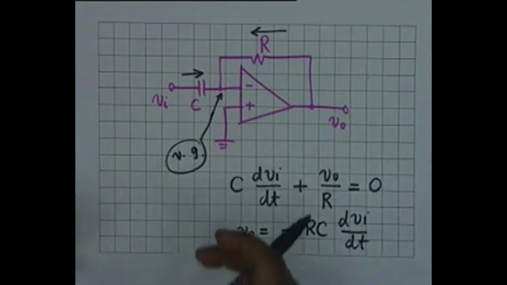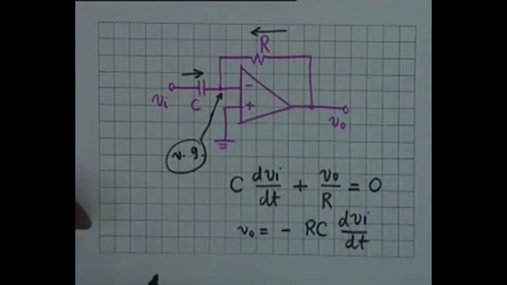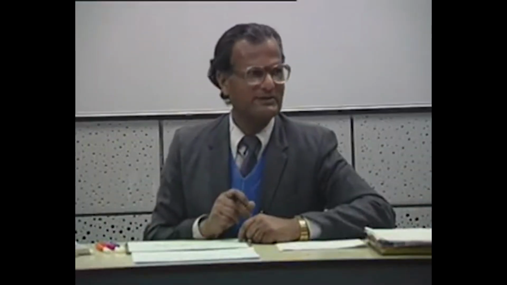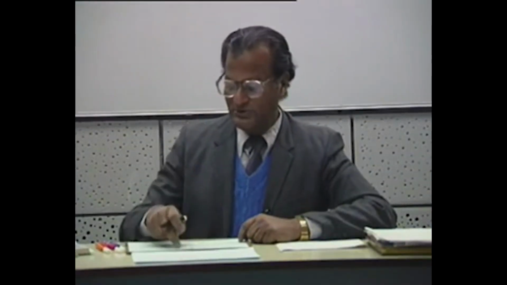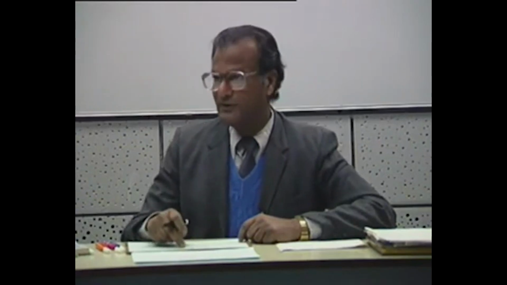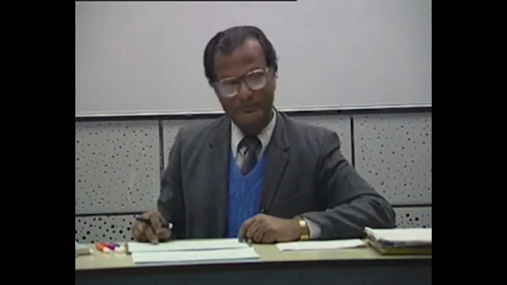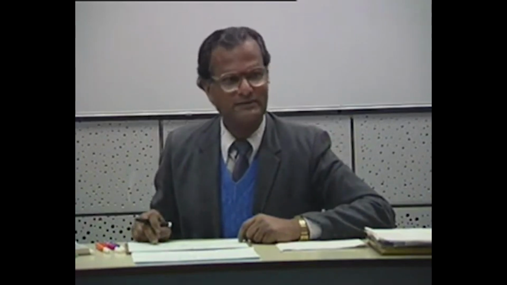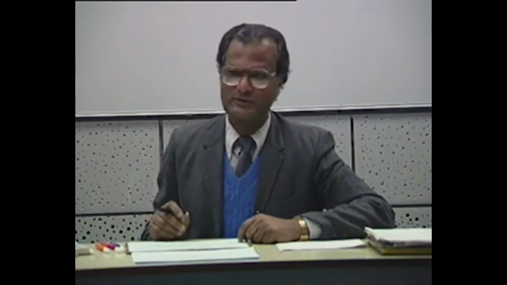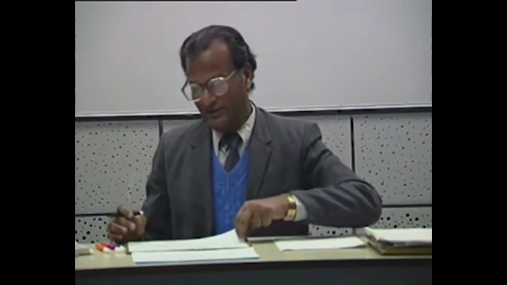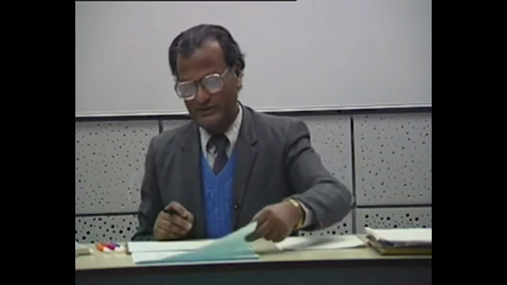This is what the op amp does. We use the same elements, a capacitor and a resistor, but in between we use an op amp to improve the differentiation. And this relation, if the op amp is ideal, is exact. There is no simplifying assumption involved here. This is the op amp differentiator.